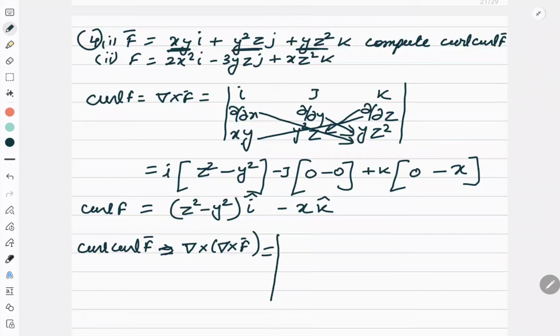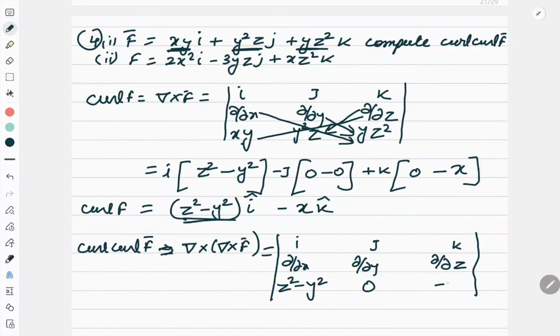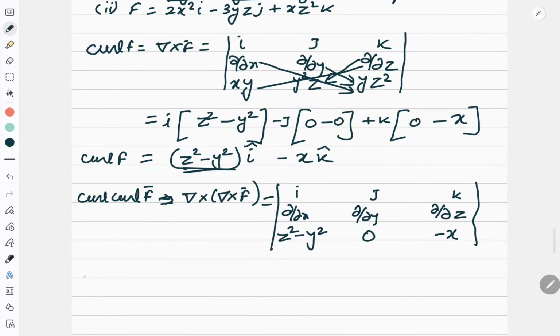So this is i, j, k, ∂/∂x, ∂/∂y, ∂/∂z. Now what is the coefficient of i? That is your f1. So z² minus y². What is the coefficient of j? 0. What is the coefficient of k? Minus x. Right? So I'll write i.